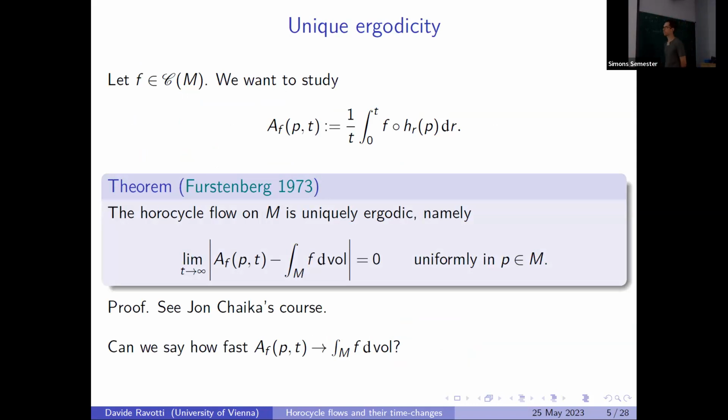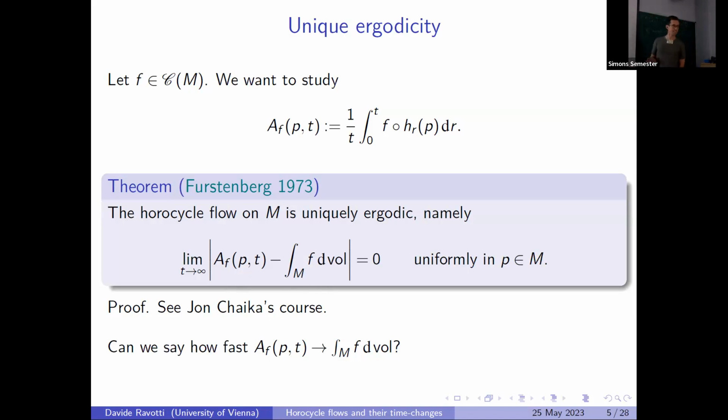We saw the definition in John's lecture. This means that the ergodic averages A_f(p,t), when t tends to infinity, converge to the expected value of your function, the integral. And the convergence is uniform in the initial point.